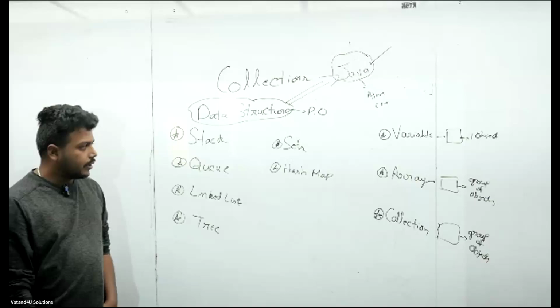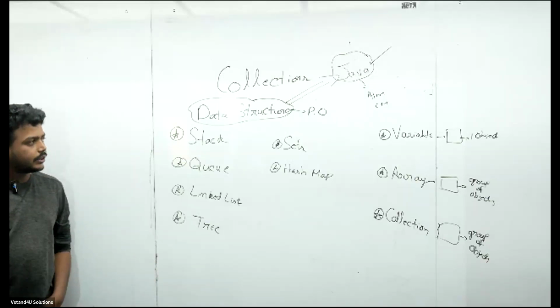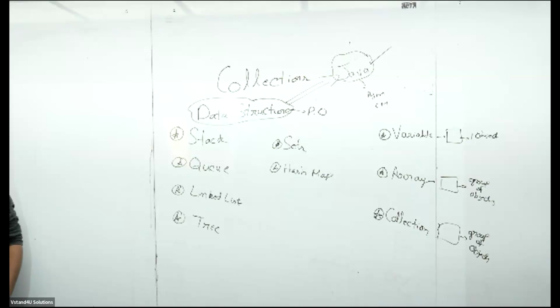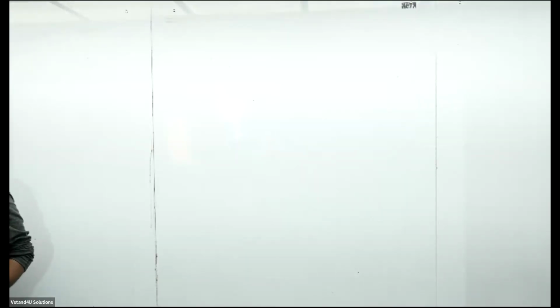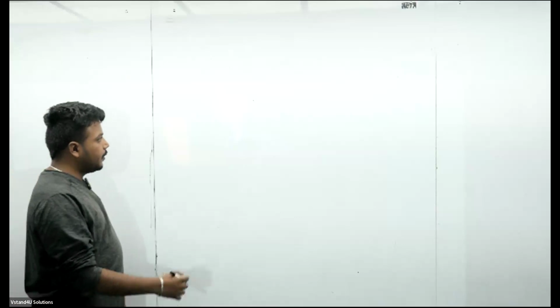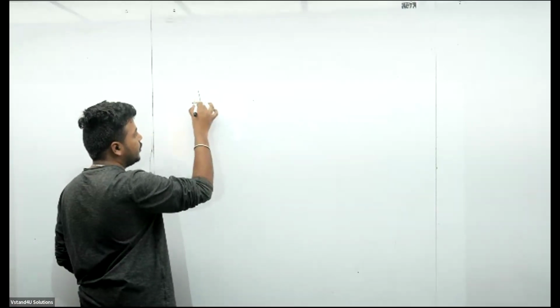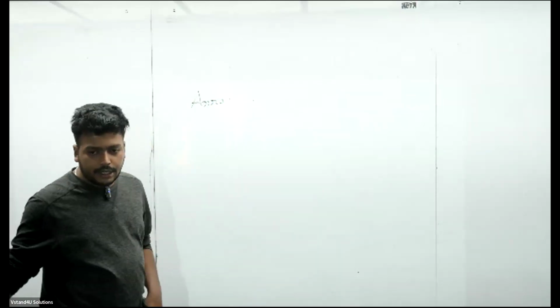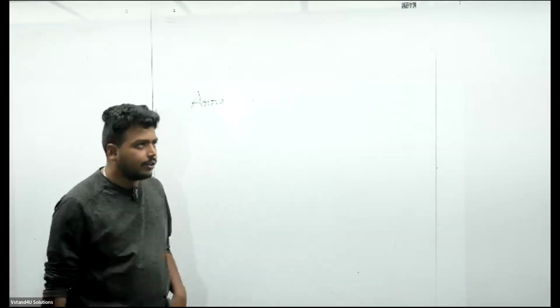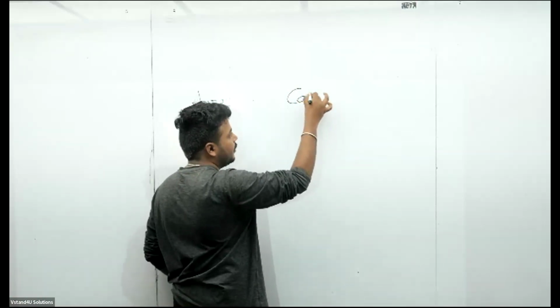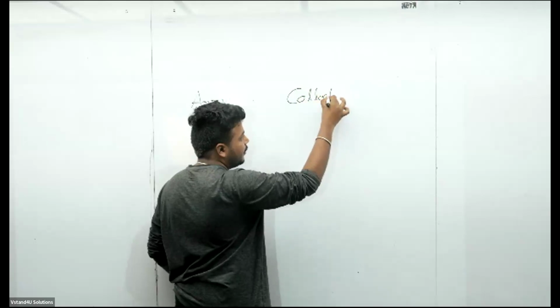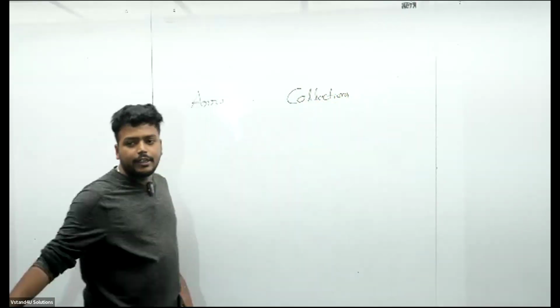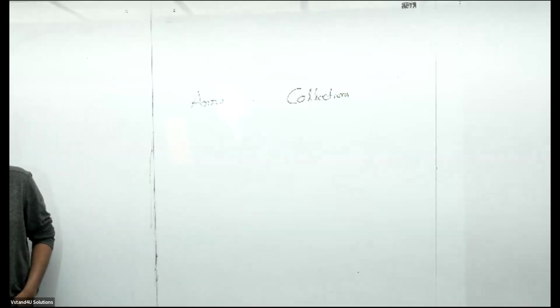Write this pictorial representation. We'll start with the new topic. Very, very important interview question: after learning the topic of data structure, tell me the difference between array and collections.